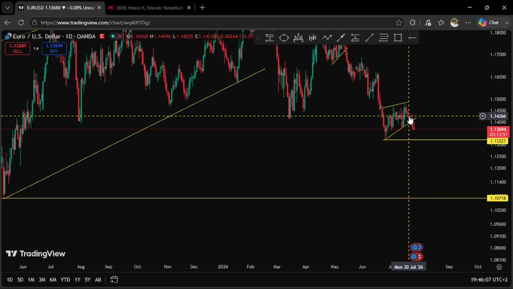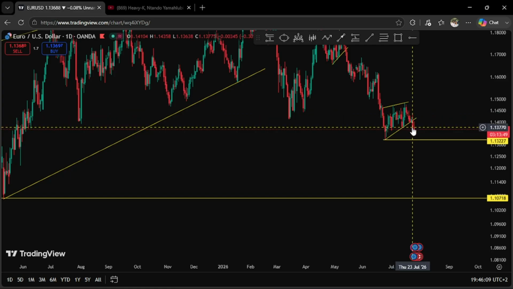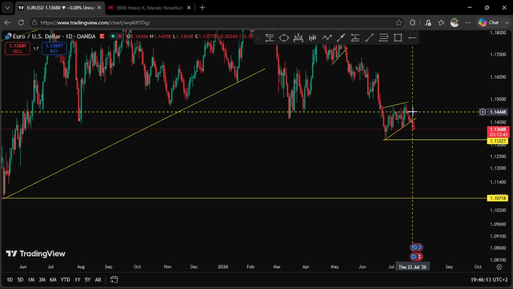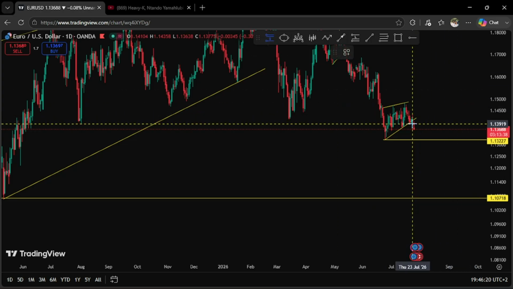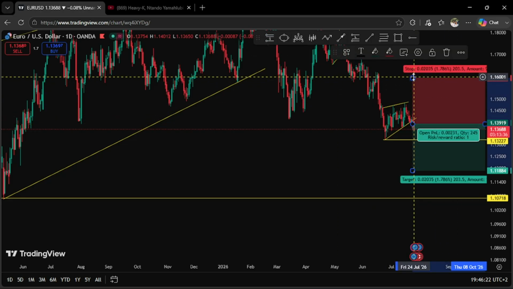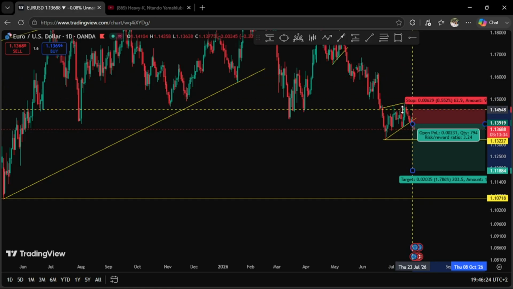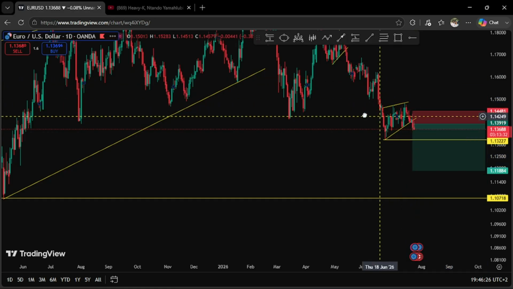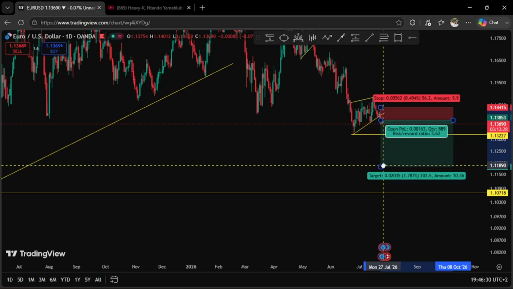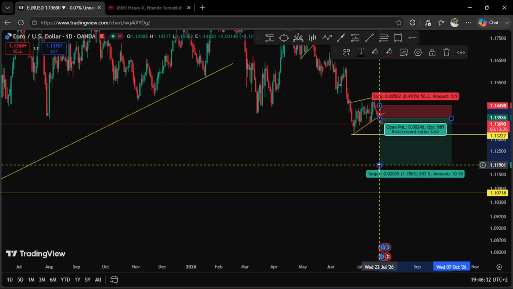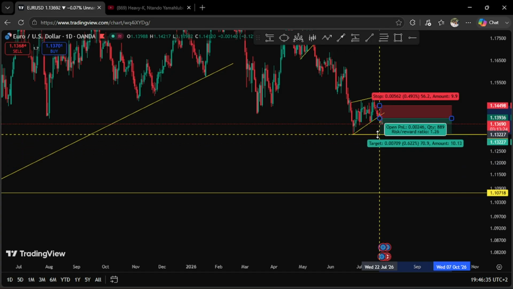So I would have waited for this break and then entered on the close, and put my stop loss above the previous daily candle's opening, or here. You could put the target at 57 something pips, or let's say here, because you'll get opportunities down there.